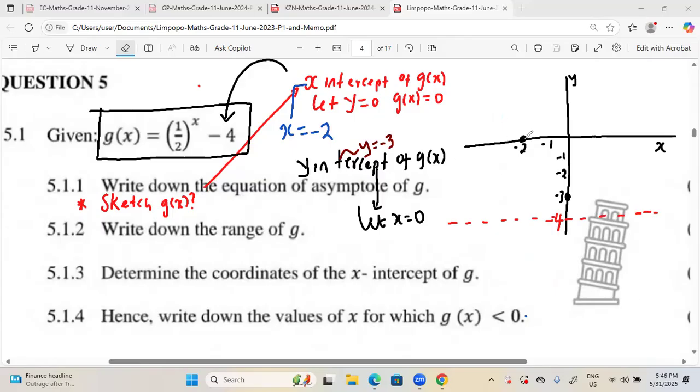Now you simply connect your points. You approach the asymptote line, but you never touch that asymptote line. This is your g of x.